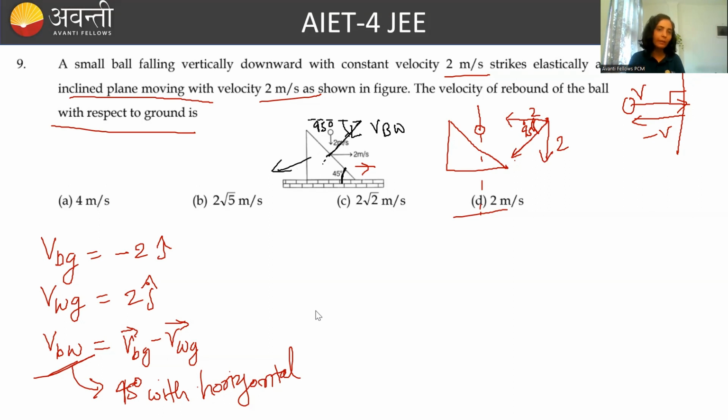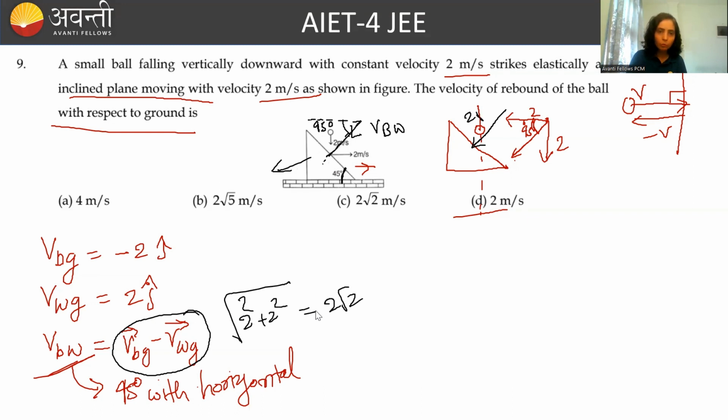It means what will happen? It will rebound. So the ball is falling in this direction with what relative velocity? We have seen the direction of VBW. Magnitude will be what? The resultant of 2 j cap and 2 i cap, which is root of 2 square plus 2 square. So this will be equal to 2 root 2.